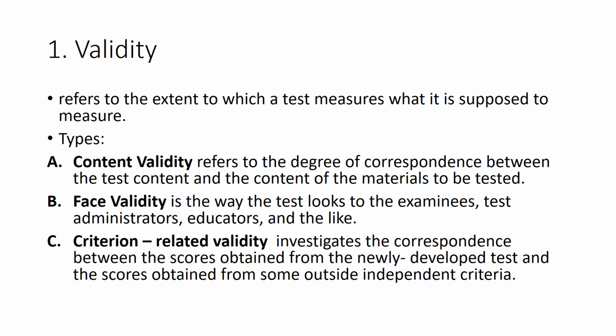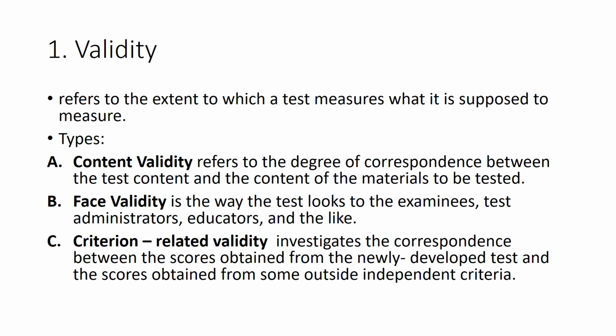Okay? The third type of validity is called criterion-related validity. And here, this type of validity investigates the correspondence between the scores obtained from the test that you have made for your students, and the scores that you have already obtained from an outside criterion measure.